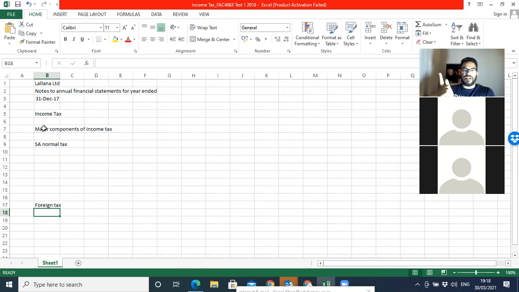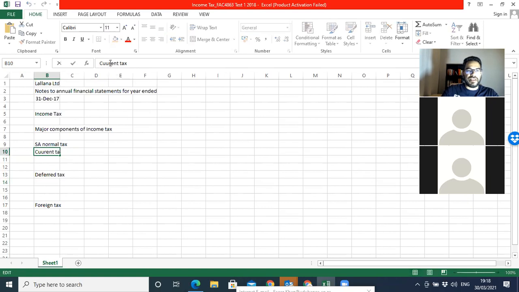Local tax, foreign tax. The local tax is called SA normal tax. Okay. Now, SA normal tax has 2 parts. Okay. We will have current tax and we will have deferred tax. So just take note of that.